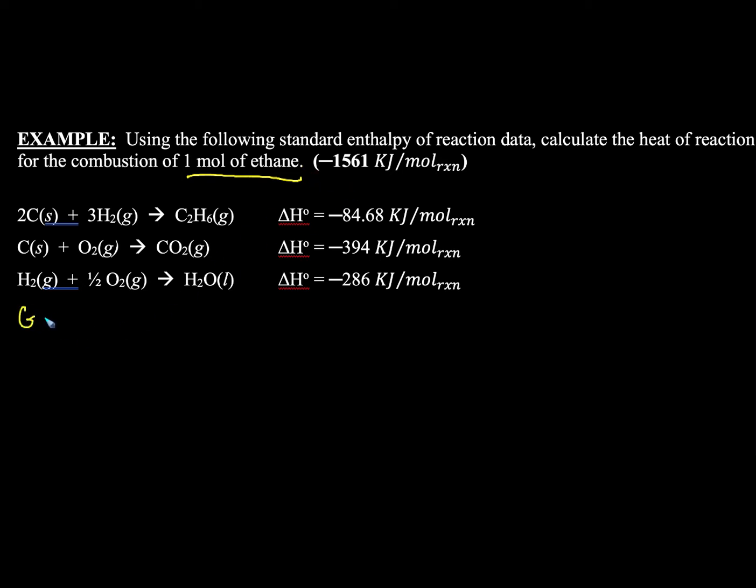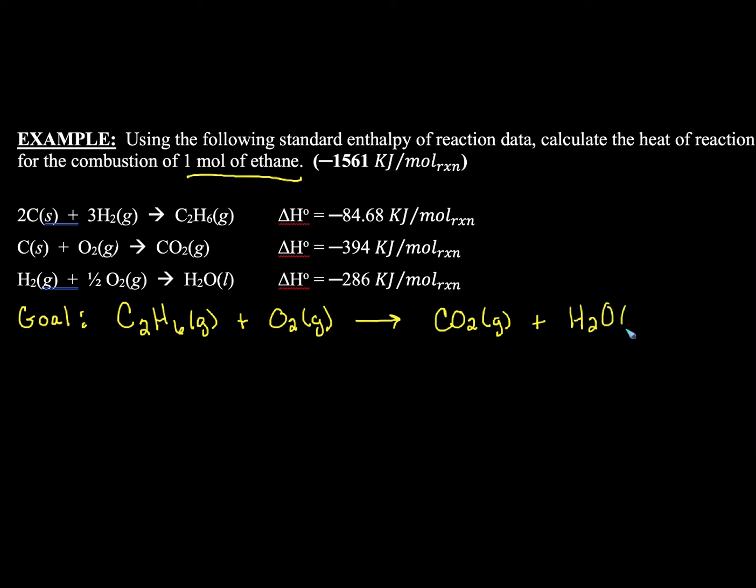So we've got 3 reactions we can manipulate to get our goal reaction, which is the combustion of ethane. Ethane is a gas. To combust means we must add that oxygen. You always assume complete combustion to CO2 and water.